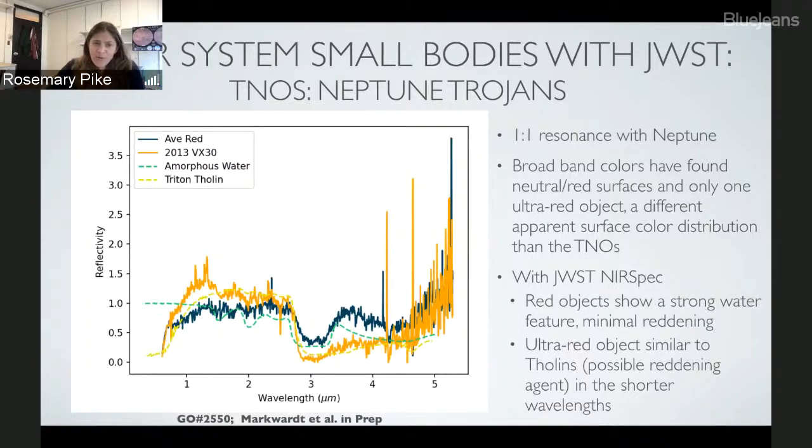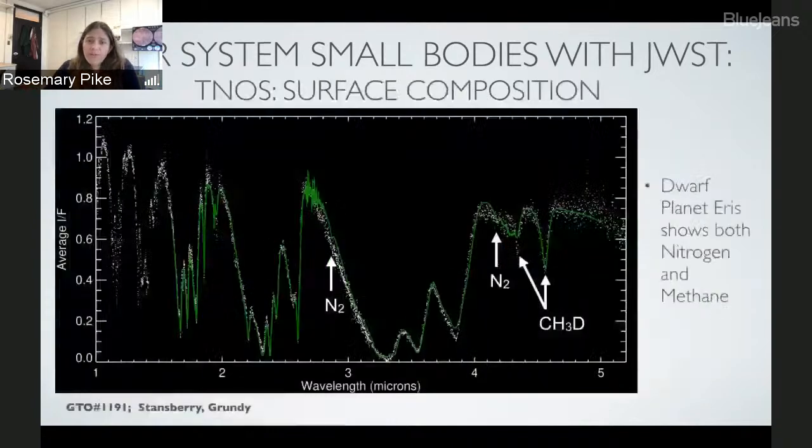So this is also pretty much what we see in the TNO region. So that analysis is ongoing, but it will be really exciting to see. It does look like they are similar to the TNOs, and it's a bit of an open question as to why the ratio of the populations is so different in the Neptune Trojans.